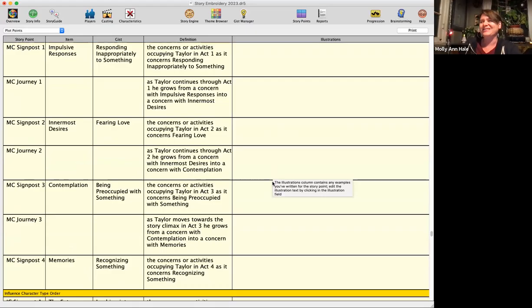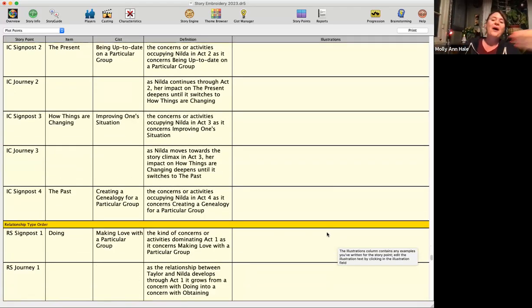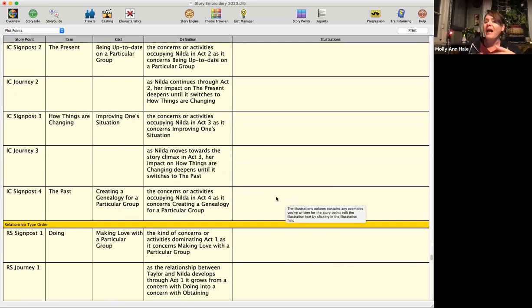They are as a group going to give her a perfect funeral on their float while they're dancing. This might be too much. They're going to give her eulogy almost, as if it's her funeral. And because of signpost four, creating a genealogy for a particular group, they actually break it down through her genealogy as to why she has such amazing teeth.